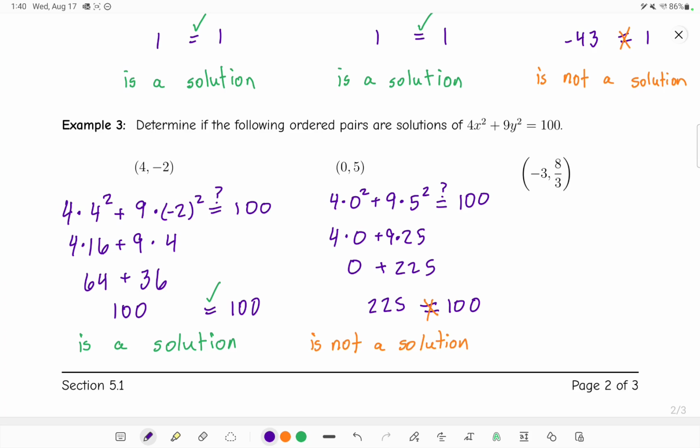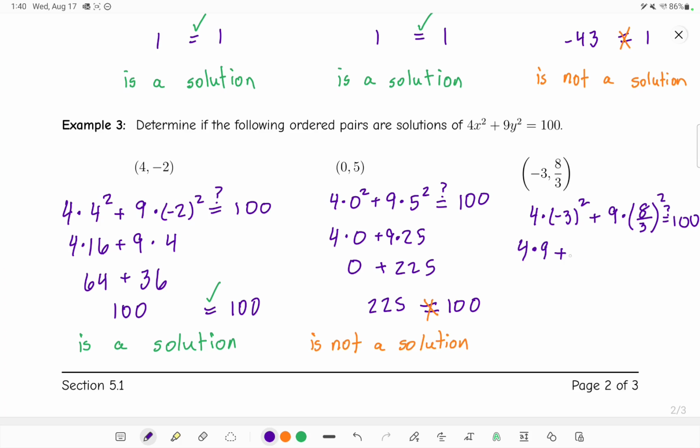Then finally, check to see if negative 3 comma 8/3 is a solution. So 4 times negative 3 squared plus 9 times 8 over 3 squared, does that equal 100? 3 squared is 9.